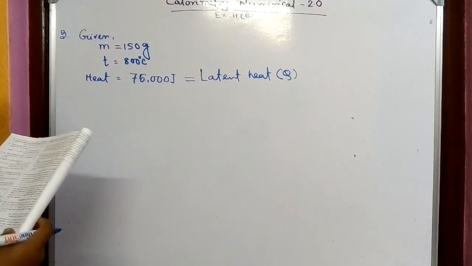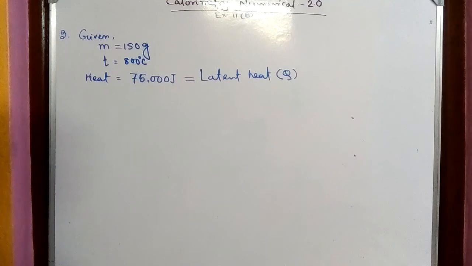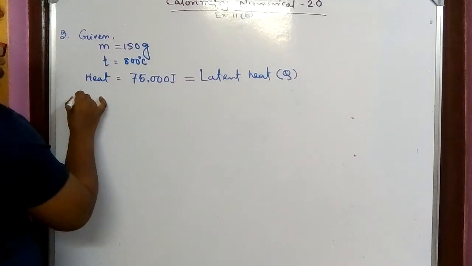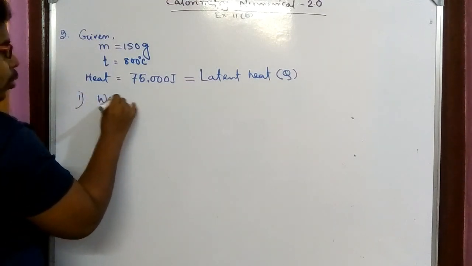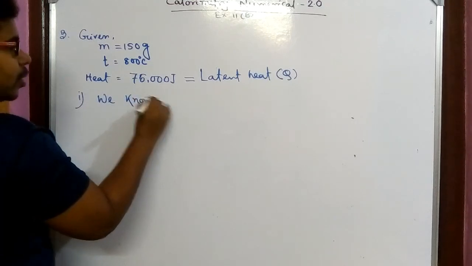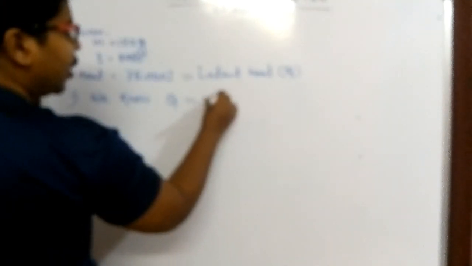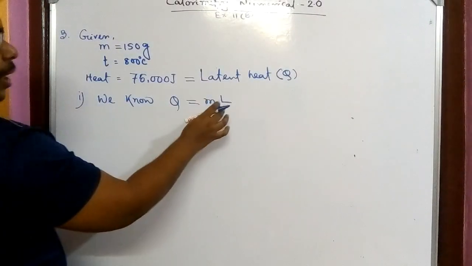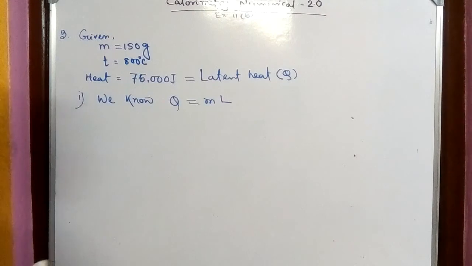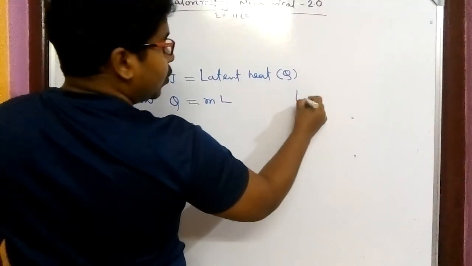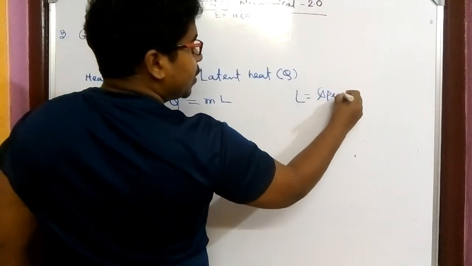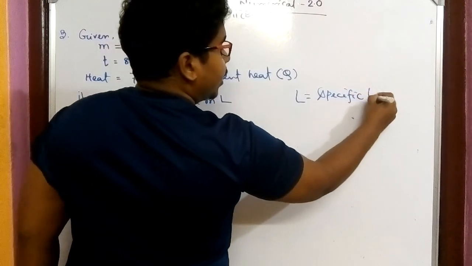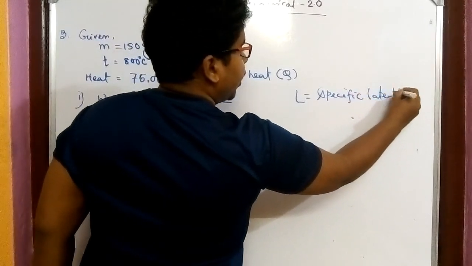Now the first question: what is the specific latent heat of the metal? We all know that latent heat Q equals M into L, mass into specific latent heat, where L is the specific latent heat.